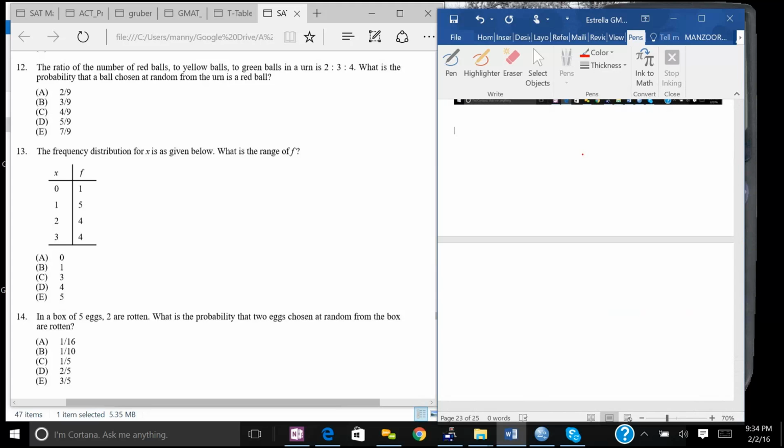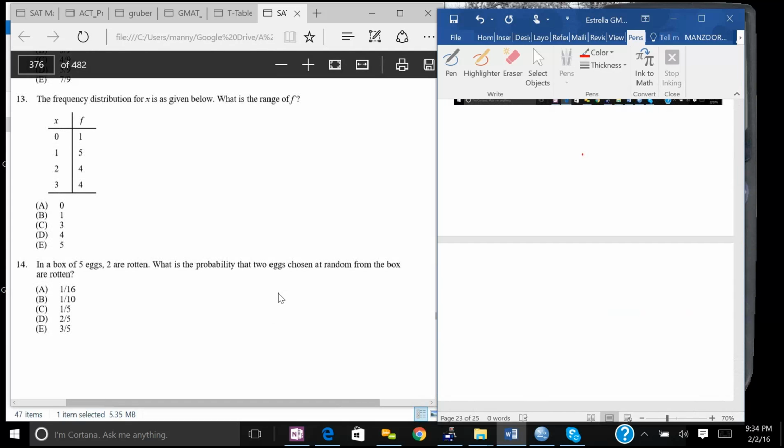Yes, good. Because 5 is the highest, 1 is the lowest. Good job. What about 14?